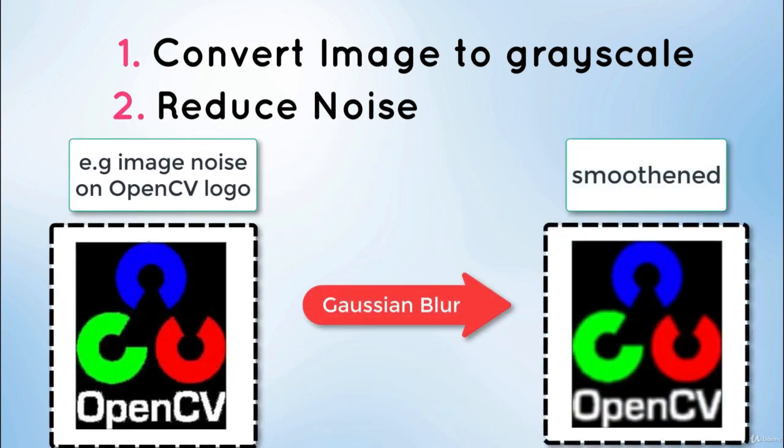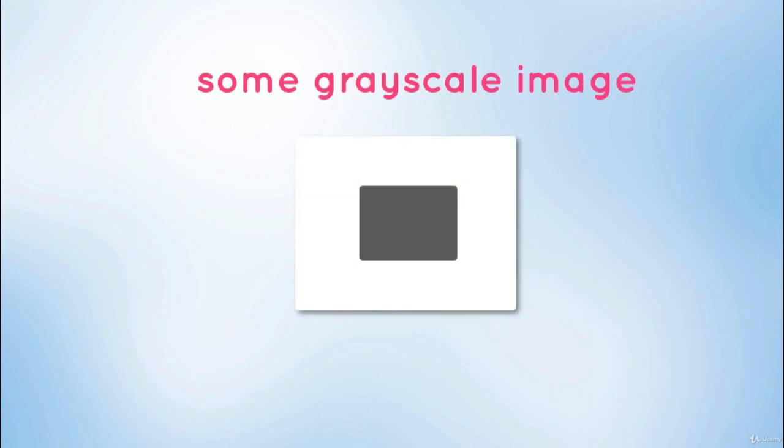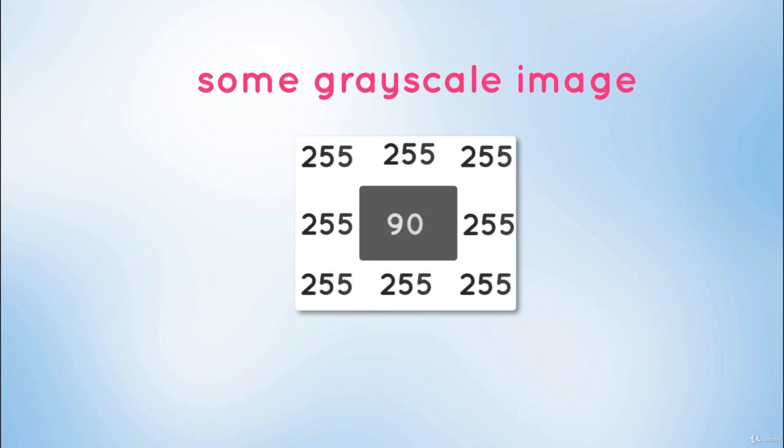To understand the concept of a Gaussian filter, recall that an image is stored as a collection of discrete pixels. Each of the pixels for a grayscale image is represented by a single number that describes the brightness of the pixel. For the sake of example, how do we smoothen the following image?